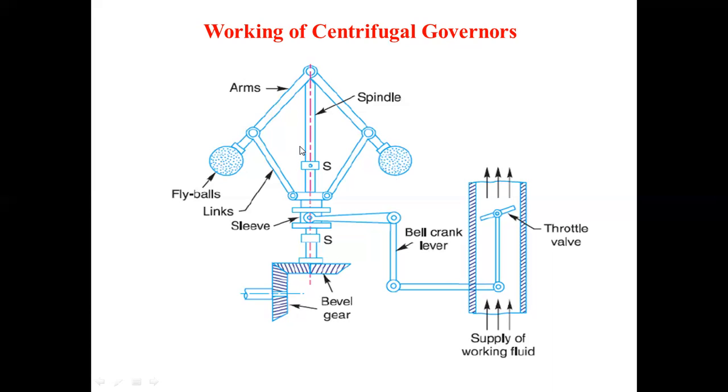Whenever the sleeve moves upward, it operates the throttle valve through the bell crank lever, and the throttle valve is closed to some extent to control the supply of working fluid to the engine.